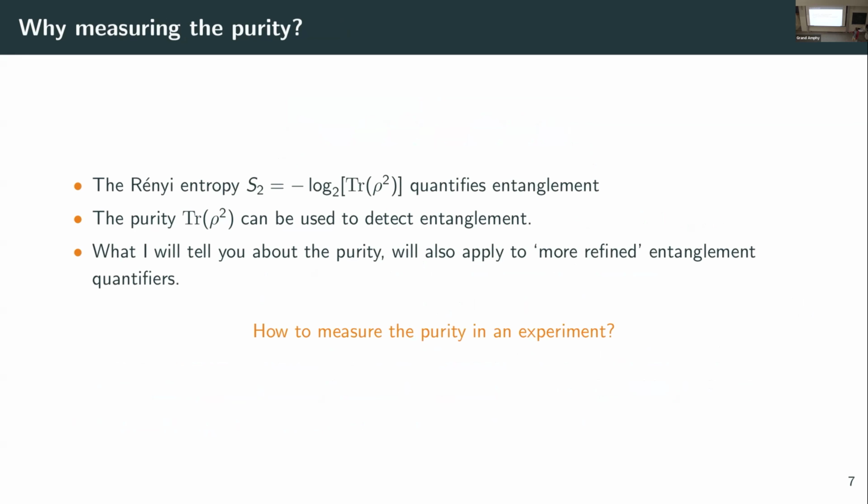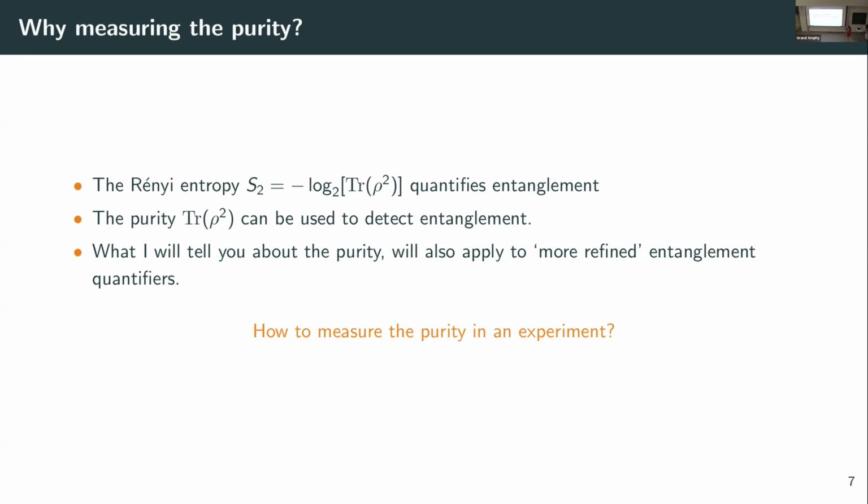So now we focus on the second Renyi entropy. We know it quantifies entanglement. It's the log of trace rho squared. Trace rho squared is called the purity. And for mixed state entanglement, you can also show that the purity is a useful object to detect entanglement.